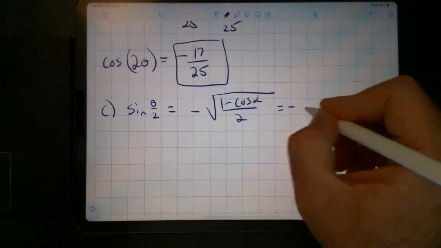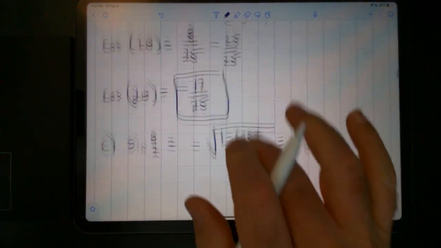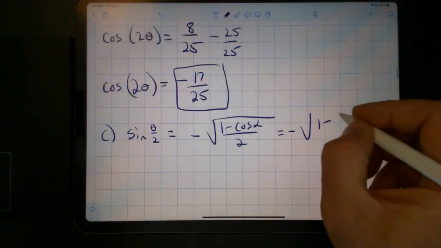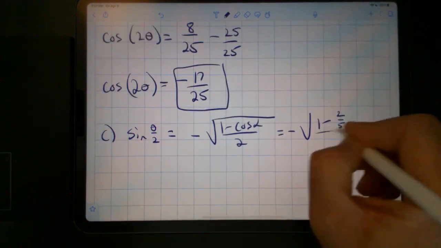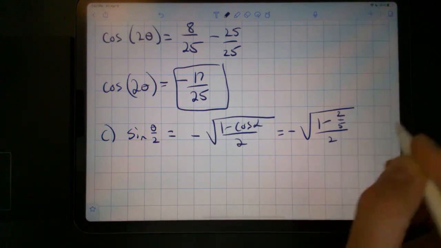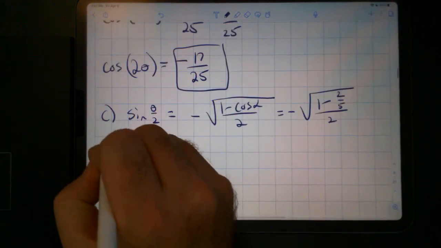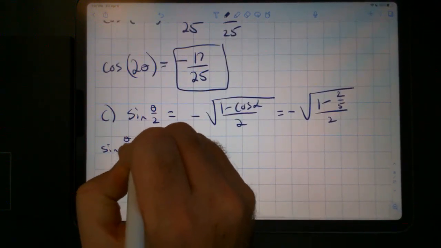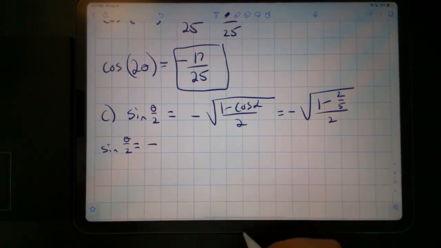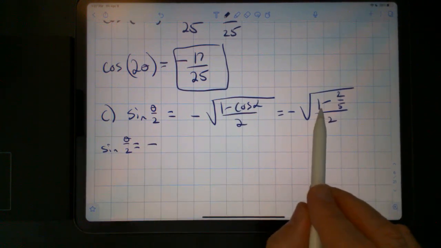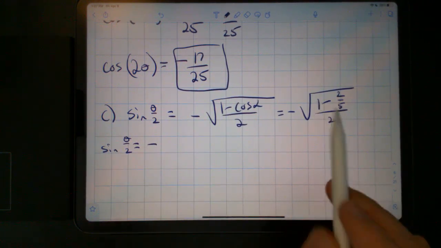And so this is equal to negative square root of 1 minus cosine theta, which is 2 over 5, all over 2. So that sine of theta over 2 is equal to negative square root of 5 over 5 minus 2 over 5, which is 3 over 5.